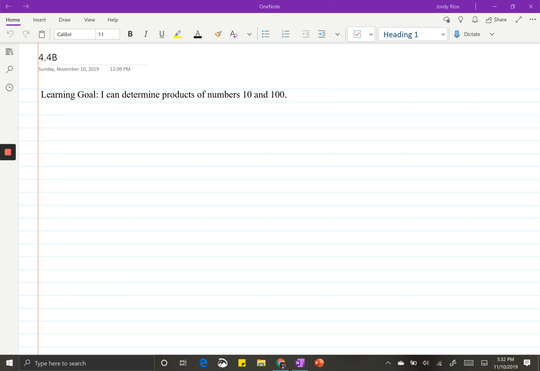All right, so what we're going to be doing today is TEK 4.4b, which is our learning goal: I can determine products of numbers that are 10 and 100. So when we're working with the powers of 10 and 100, we have to know our place value.